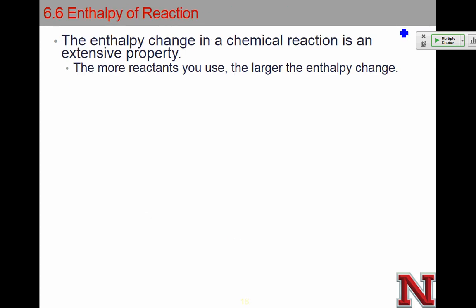So it is an extensive property. The more reactants you use, the larger the enthalpy change. So if I'm doing combustion, and again, think about this in terms of everyday life. If I'm burning wood in my fireplace, if I burn 1 log of wood versus 6 logs of wood, how's it going to affect the amount of heat coming out of your fireplace? 6 logs of wood are going to give you more heat because you have more fuel. And that's really just representing what happens in a chemical reaction.